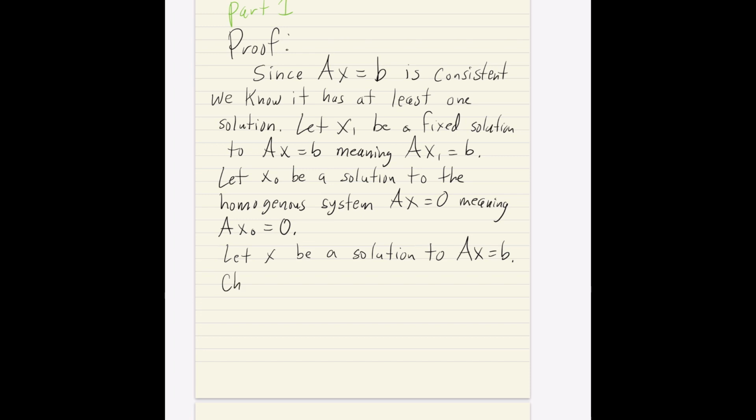We're going to "choose", I'll put choose in quotes because this is part of a proof technique that you'll learn about later, a vector that is the difference x minus x1. So that's something we've created, and we're going to show that that is going to lead us to x being equal to x1 plus x naught.